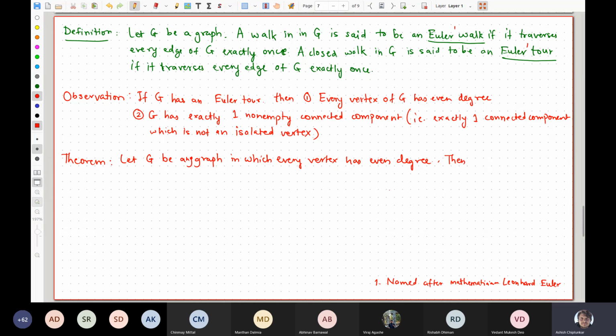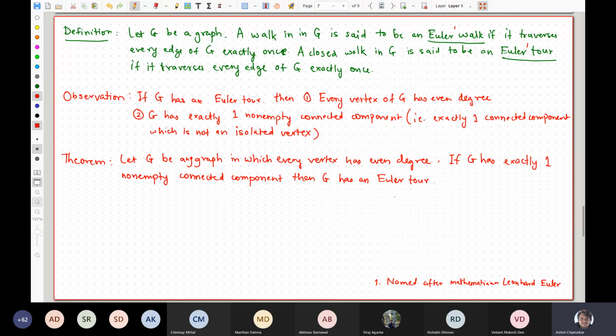Then, if G has exactly one non-empty connected component, then G has an Euler tour. That is the claim we are going to try to prove.